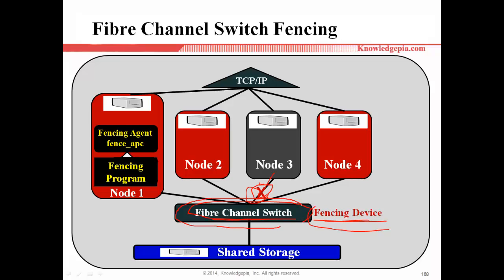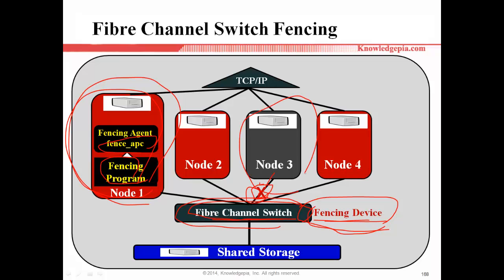And this kind of switch normally supports connections using the port number. So in case of node 3, this port will be disabled by the Fibre Channel switch as a fencing device. And this Fibre Channel switch is connected to a fencing agent, for example, fence_apc. This fencing agent will be controlled by the fencing program. The fencing agent and fence program will connect to the fencing device to fence the specific failed node, based on this Fibre Channel switch.